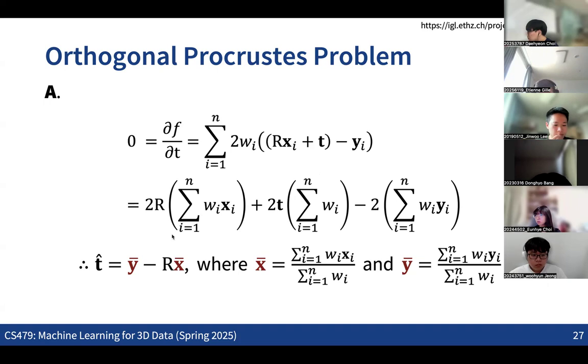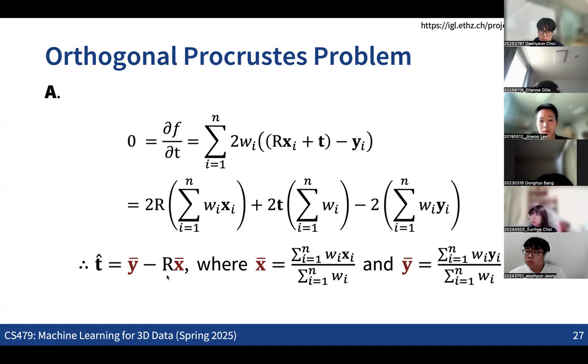And then you can rewrite the formulation and see that the optimal translation can be computed based on the weighted center of the x and also the weighted center of the y here, and then taking y minus Rx like this, right? So it becomes a very simple formulation like this. So this is kind of the easy task, right? You just need to compute the gradient and find the translation that makes the gradient 0, right?